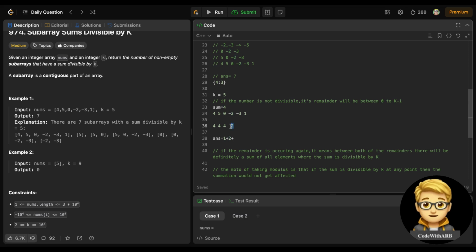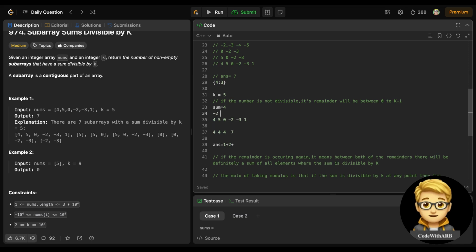This is a positive number, so we don't need to do anything right now, right? So this becomes -2 now, right? So if this becomes -2, it means 4 - 2 + 5 becomes 7. So this will become 7.